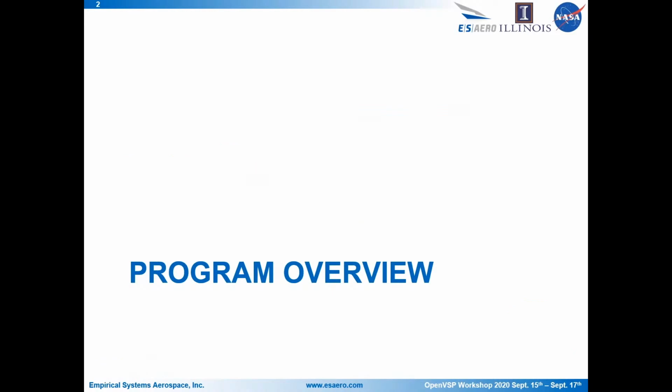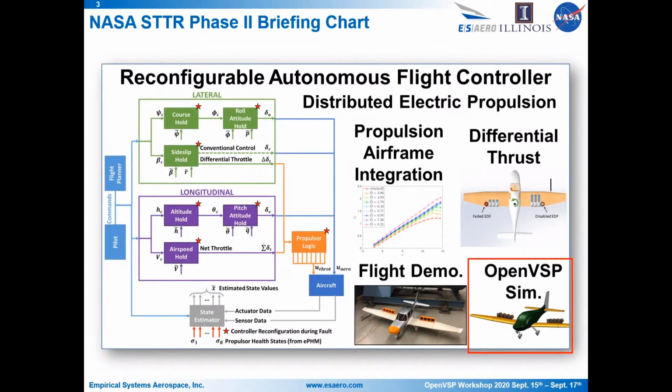With that, before we begin, I'd like to provide a brief review of the program background. So the goal of this NASA STTR Phase 2 is to develop a reconfigurable autonomous flight controller for a distributed electric propulsion aircraft, not only to provide lateral and longitudinal autonomous controls, but also to be reconfigurable in the event of failed propulsors.